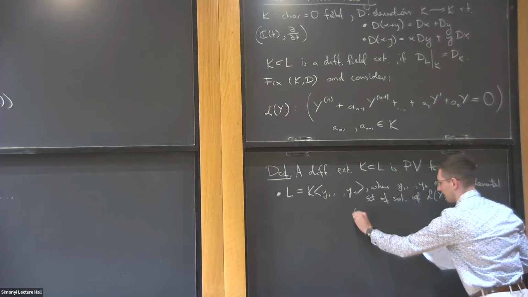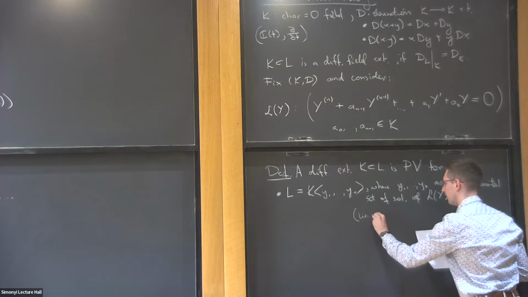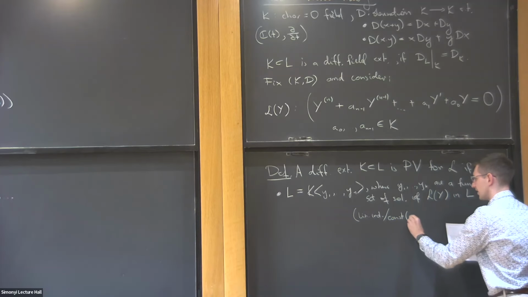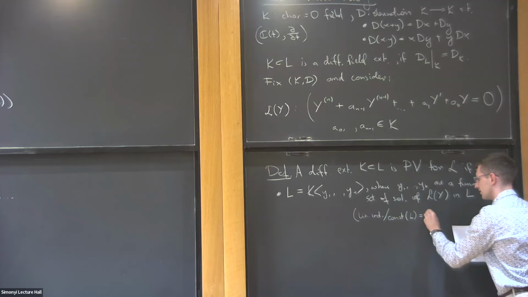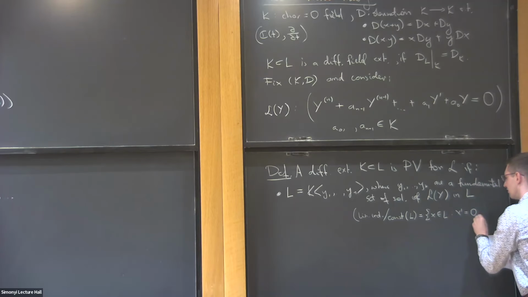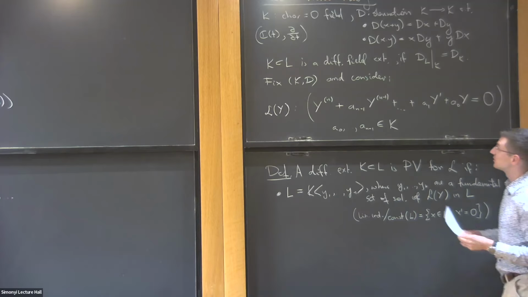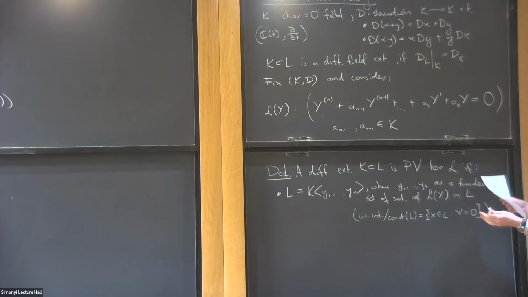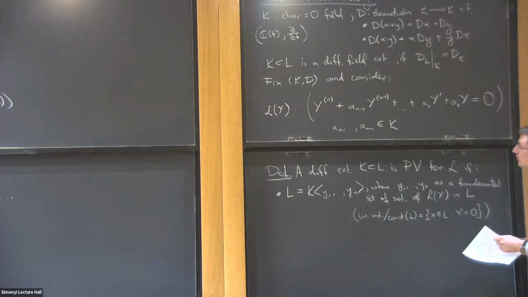So they are linearly independent over constants, where constants of a field are the set of x in L such that x prime equals 0. For example, constants in this field are complex numbers, but if I start with Q of t or R of t or any field, and the derivative is d over dt, the constants will be just the base field.